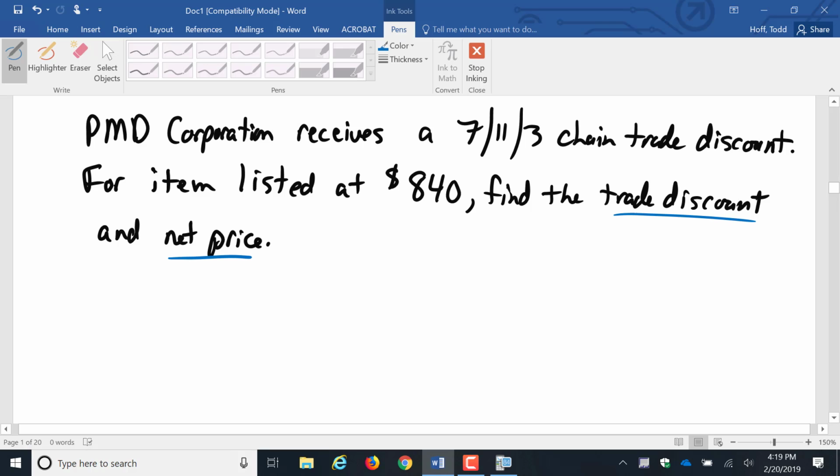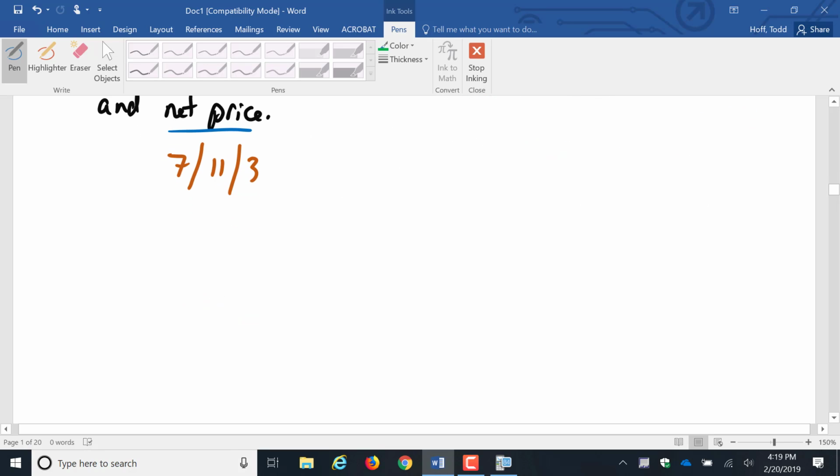The difference is here, we pretty much have to do the net price first, or at least find that net decimal equivalent first. So we take that 7-11-3. The complement of 7, 100 minus 7 is 93, so that is 0.93. Complement of 11, 100 minus 11 is 89%, so that's 0.89.